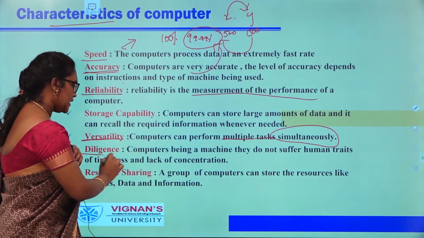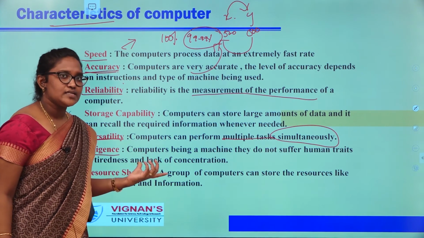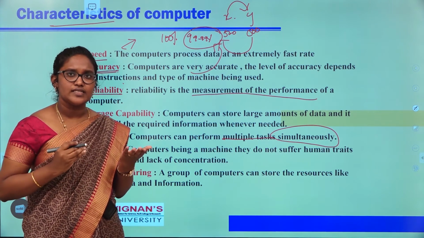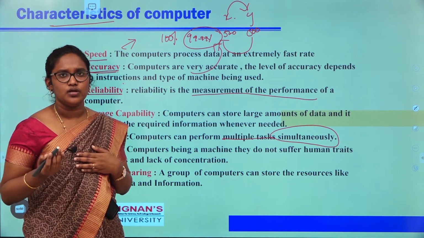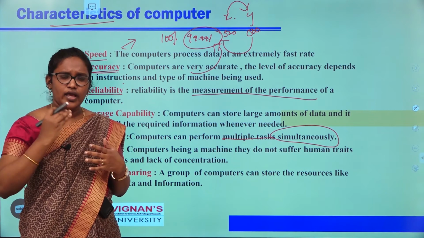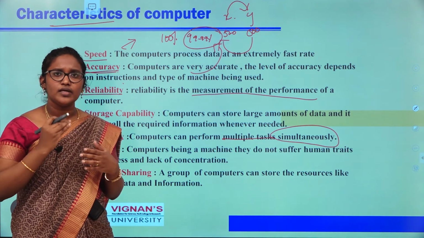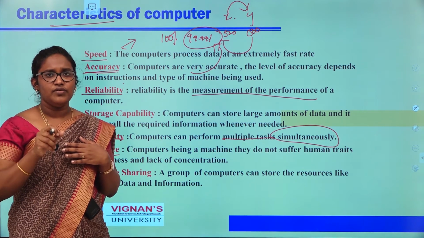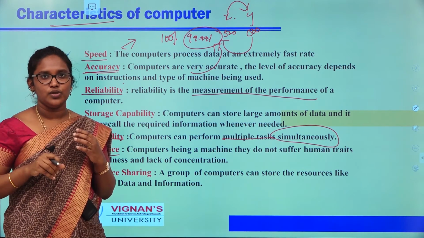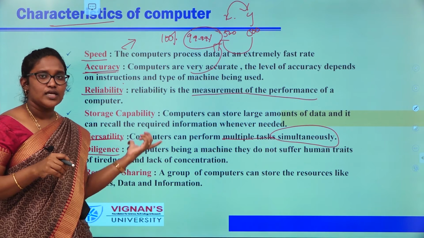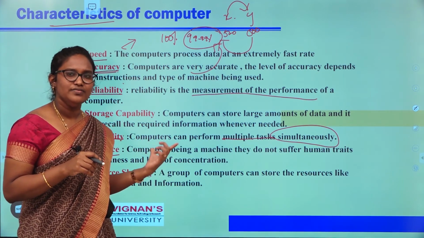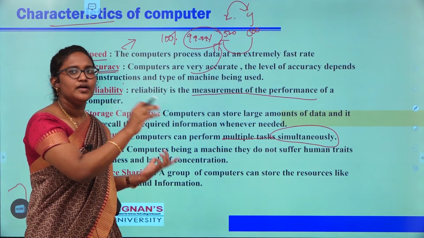Next one is diligence. What is diligence? As we all know, humans are very much lazy in doing their work. No matter how active he is, at one point of time we need a break from our work. Diligence means the computer doesn't ask for any kind of rest or break.